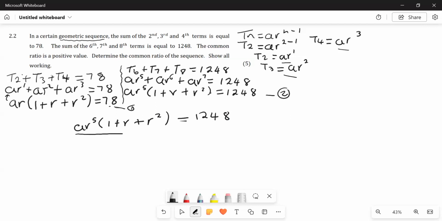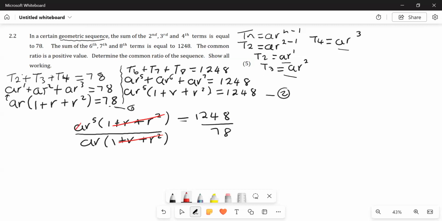Divide by ar, which is our equation 1, times 1 plus r plus r squared. Let me use a different color so that everyone can see that now I'm cancelling out, as well as a.